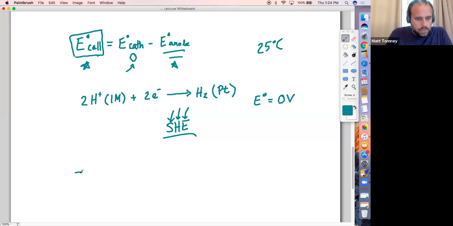All right, so let's take a look at setting one of these up. I'm going to look at zinc. So I'll take zinc metal as a solid. That is going to become zinc 2+ at 1 molarity, because I'm standardizing this. Salt bridge, H+ at 1 molarity in solution.